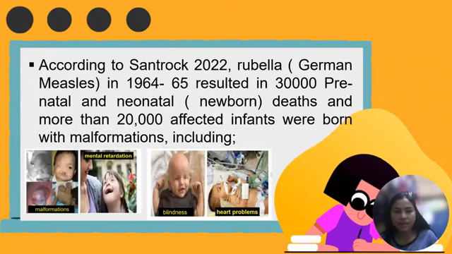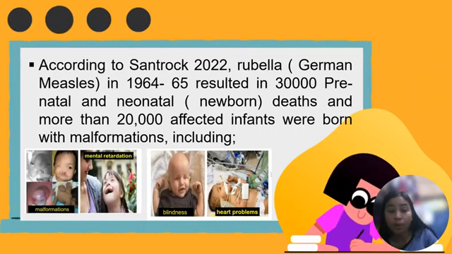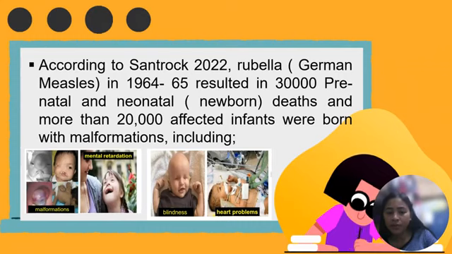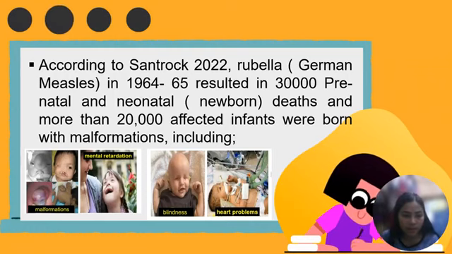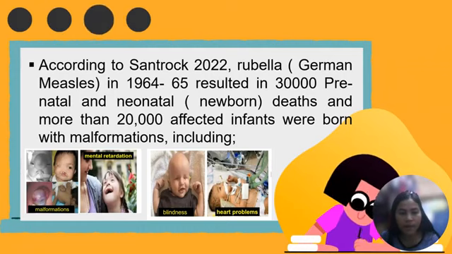Next, according to Santrock 2022, rubella, German measles, in 1964-65 resulted in 30,000 prenatal and neonatal or newborn deaths, and more than 20,000 affected infants were born with malformations, including, like this picture, children who had physical abnormalities.